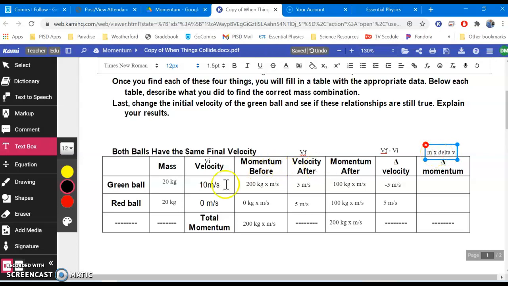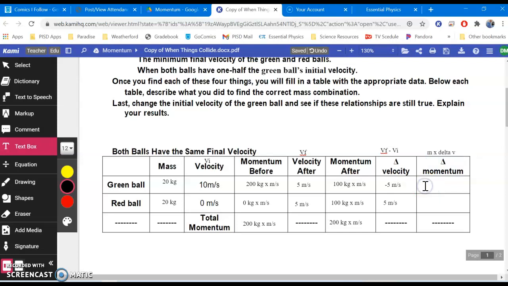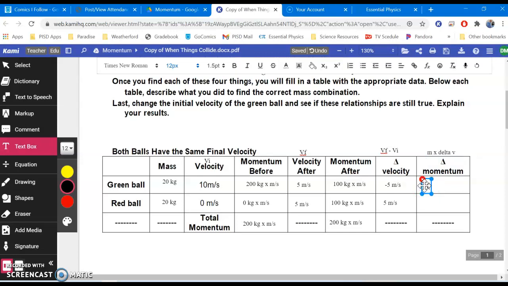So that would be the mass of 20 times the change in velocity, which is negative 5. So 20 times negative 5 is negative 100 kilograms times meters per second. Now, subtracting these two, the final minus that one, also gives you negative 100, and it's a good way to check and make sure that you got the right answer.